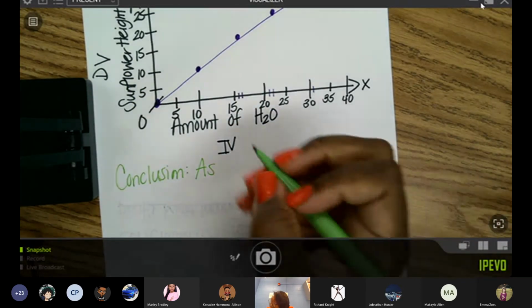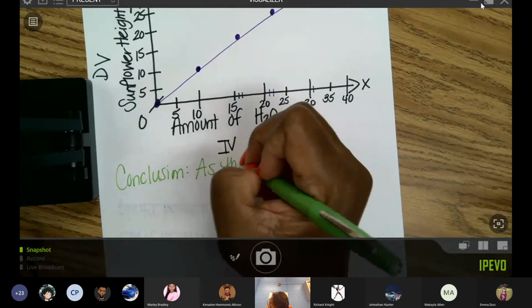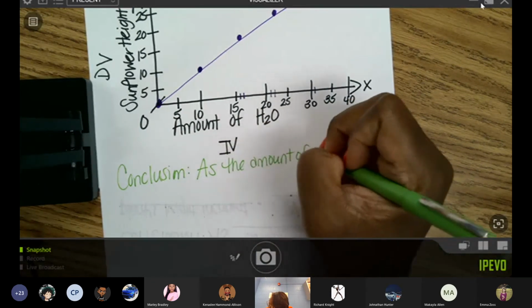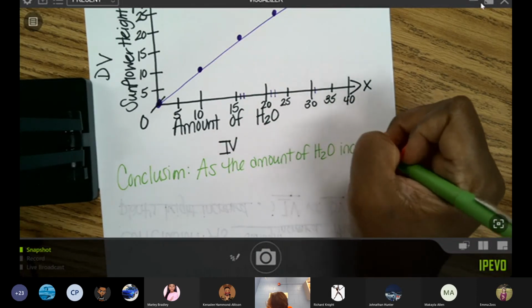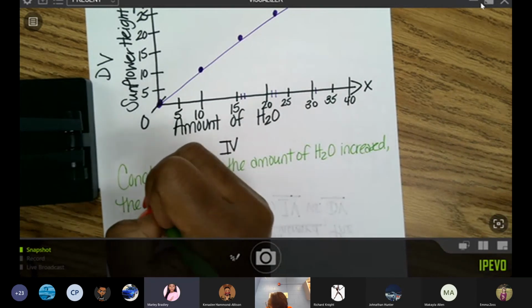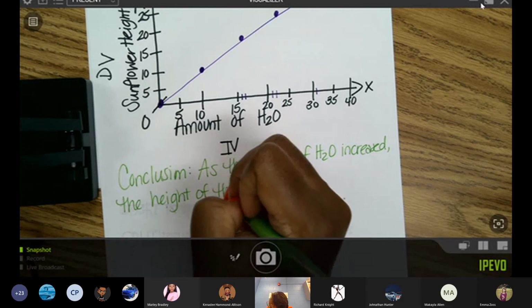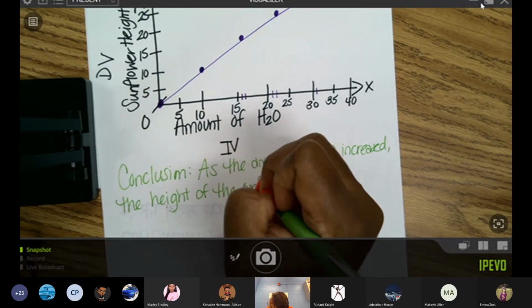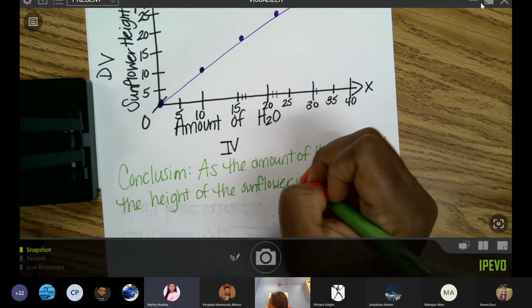So as the amount of water increased, comma, the height of the sunflower. Someone unmute themselves and tell me what happened. The height of the sunflower increased. Very good.